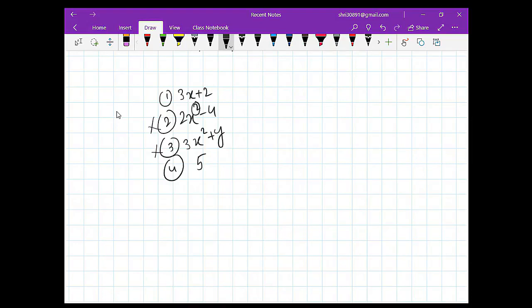And here only a constant is there, and the variable's power for a constant is always x raised to 0. I already told you. So this is also not a linear equation. Then the remaining one, 3x plus 2, is the only linear equation because the power of x is only 1.